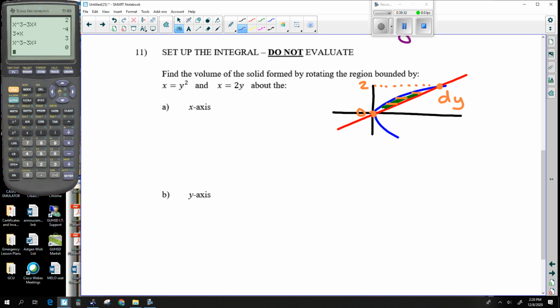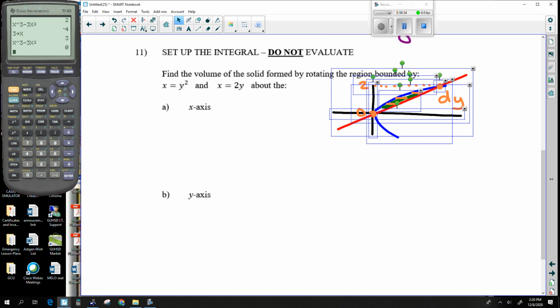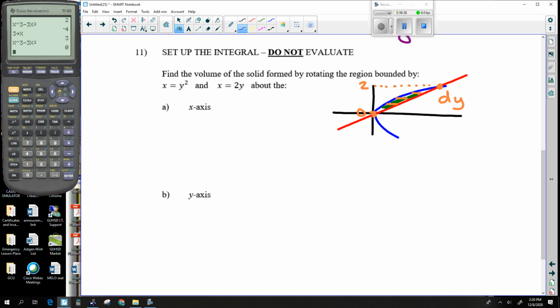All right, so in question A, they want me to rotate it about the x-axis. All right, so this is a dx style.